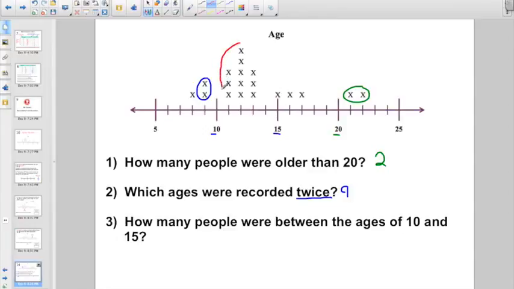They want to know which ones were between those ages. So we're talking about all these guys. So I have 3, 4, 5, 6, 7, 8, 9, 10, 11 people were between the ages of 10 and 15.